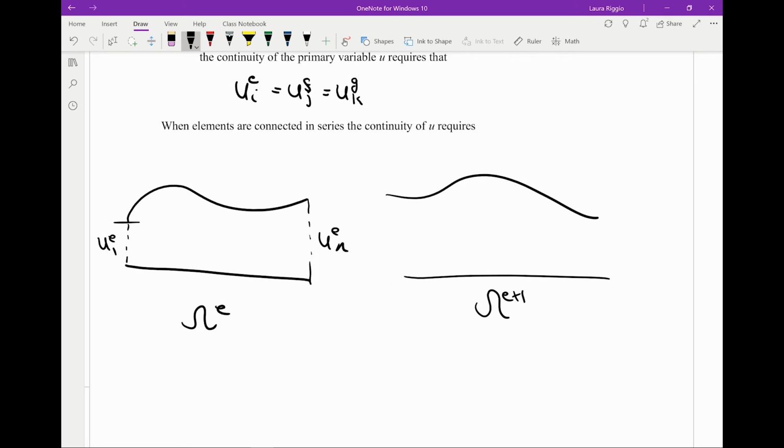I have the value U(E+1),1 and the value U(E+1),M. For continuity purposes, I need UN of E equal to U1 of E plus 1. These two points have to be the same. Makes sense because they're at the same point if they connect.